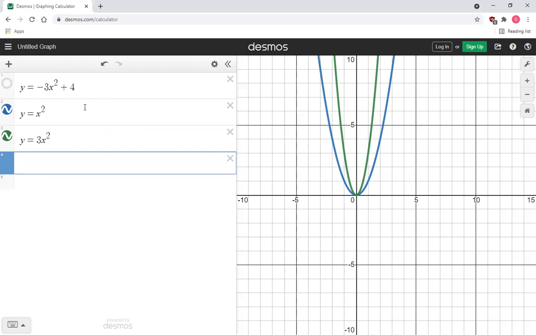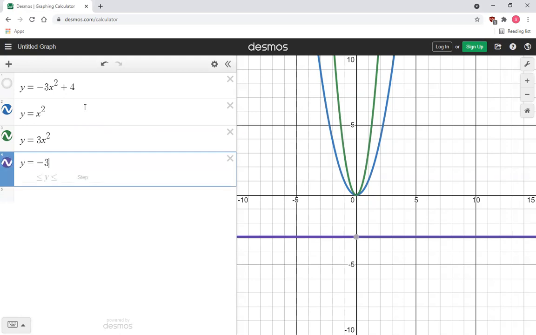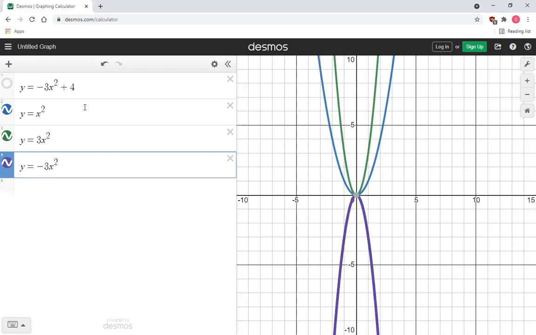Now let's put that negative into effect, because what's that negative going to do? That's going to reflect it over the x-axis. Anytime we had anything that was a positive value, for the output, it's going to become a negative value. So y equal to negative 3x squared.